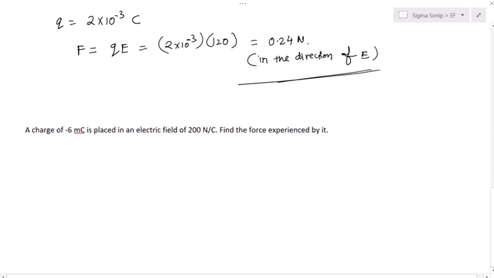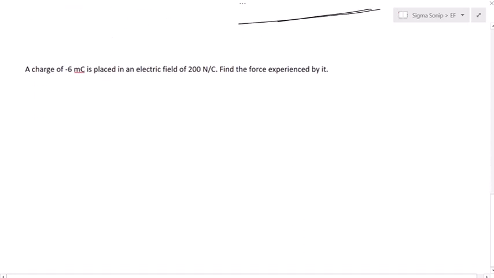Another example, the second example, and here we are talking about a negative charge. Electric field intensity is 200 Newton per Coulomb. So E is given as 200 Newton per Coulomb. Q is equal to 6 millicoulomb, which is 6 times 10 to the power minus 3 Coulomb. So F we can easily calculate.